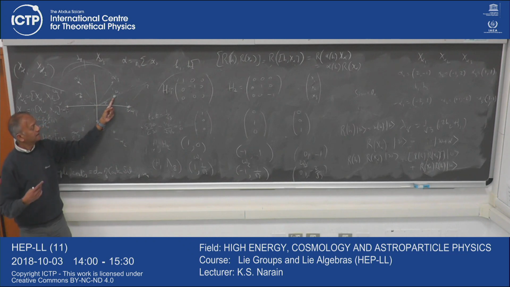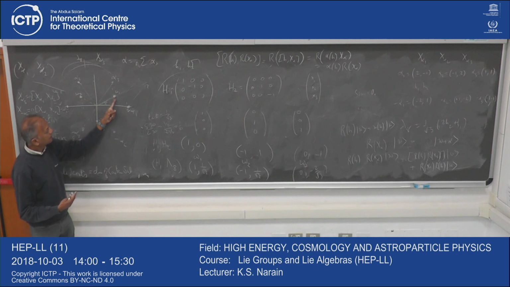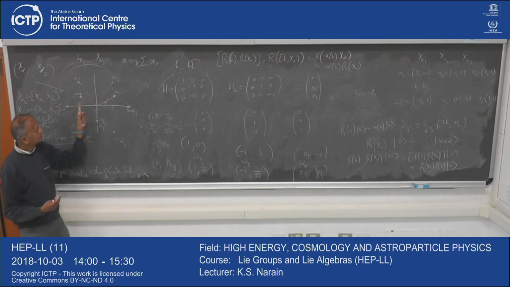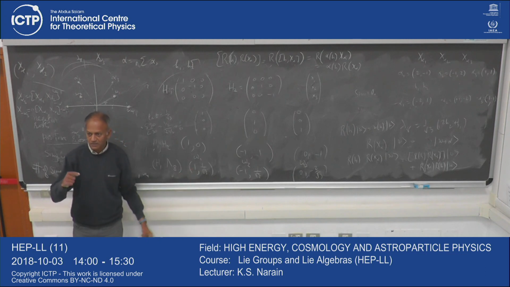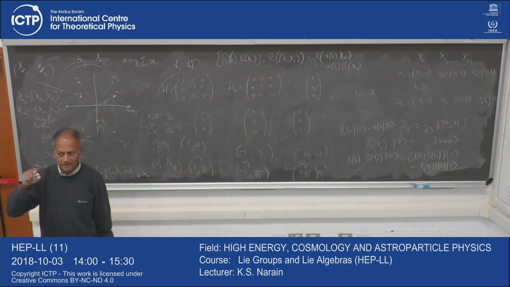But then you apply the lowering operator, and now you see this is a doublet of this SU2 subalgebra, right? By looking at this number you can see. Remember, we have not divided by half.